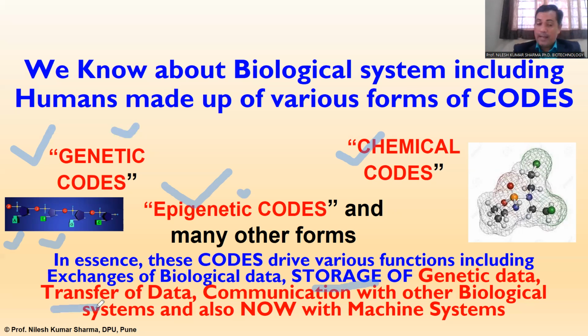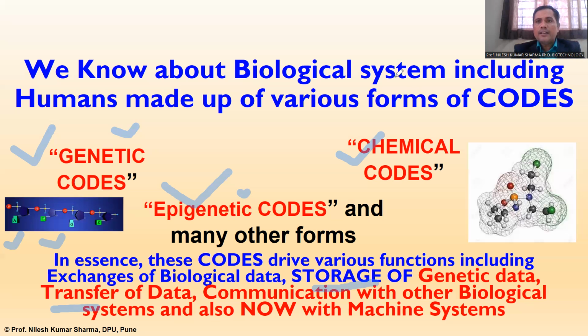Transfer can also happen. Communication with other biological systems. So my dear friend, all these codes are driven by something. You can say chemistry, you can say physical environment, you can sometimes say unknown things, where we cannot see or are not able to see, but these codes are driven.